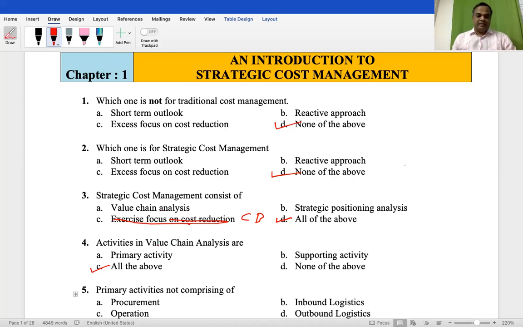Okay. Then primary activities do not comprise procurement, inbound logistics, operation, outbound logistics. Procurement comes under secondary or supporting activity, not primary activity. Good.